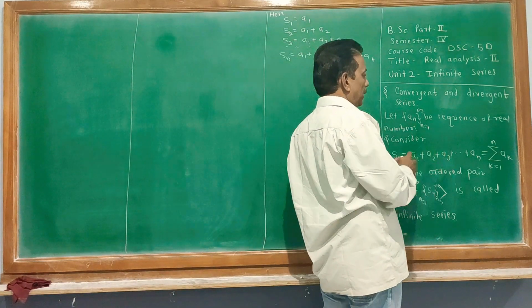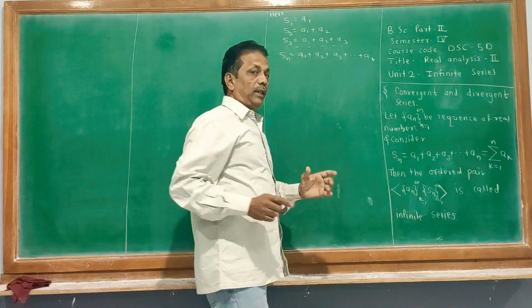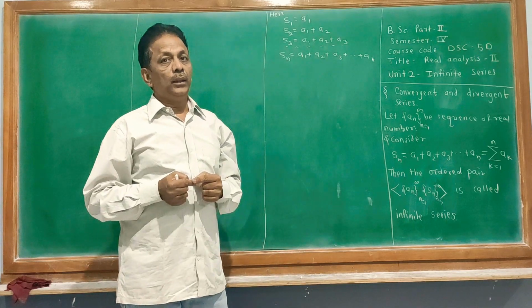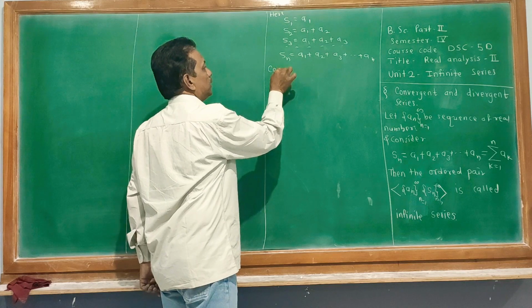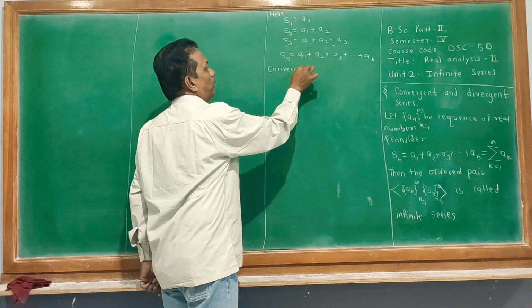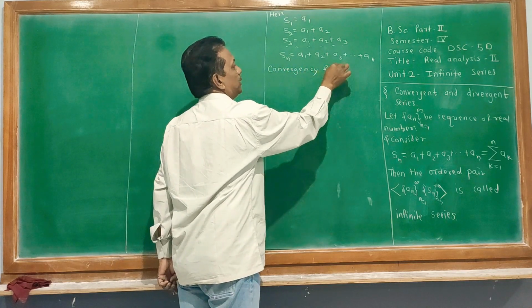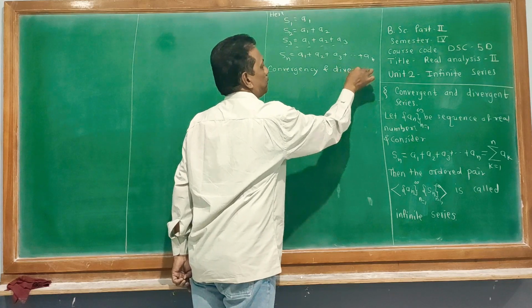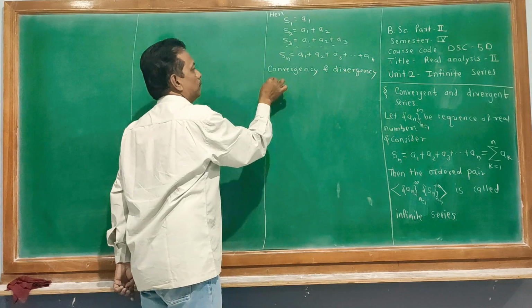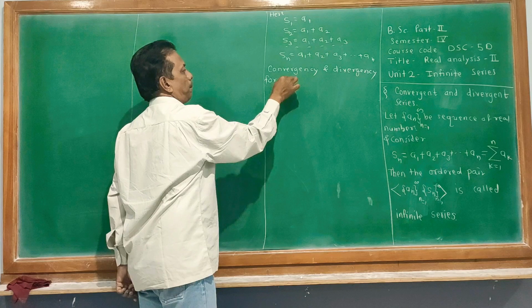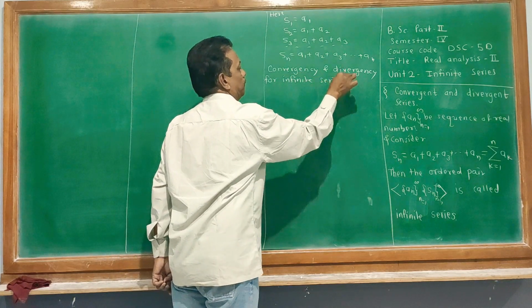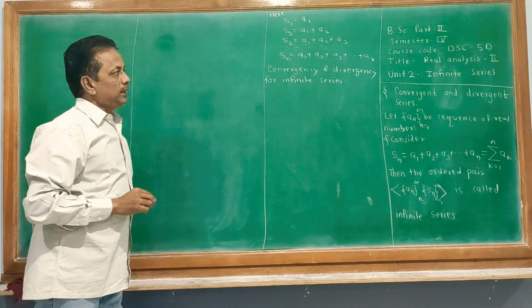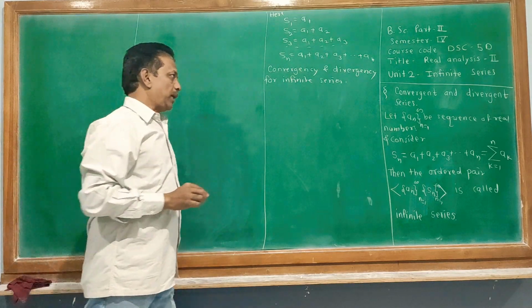And for this infinite series and sequence, there is a relation between them as far as convergence and divergence is concerned. What is convergence and divergence for infinite series?